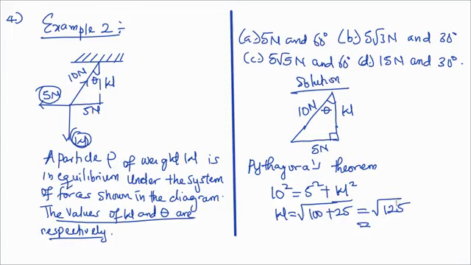What is the square root of 125? You cannot do it directly. 125 is 25 times 5. What is square root of 25? That is 5. What is square root of 5? Just bring it like this. So we've gotten our weight to be 5 root 5. So we have gotten one answer. If you look at the options now, automatically option C is our answer.